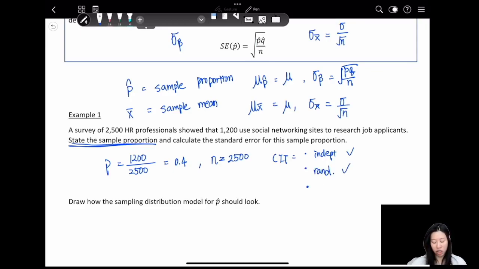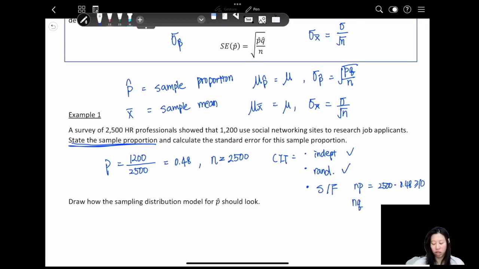Third, we need to check the success and failure conditions, which is n times p, 2500 times 0.48, which is greater than or equal to 10. It passes the success condition.